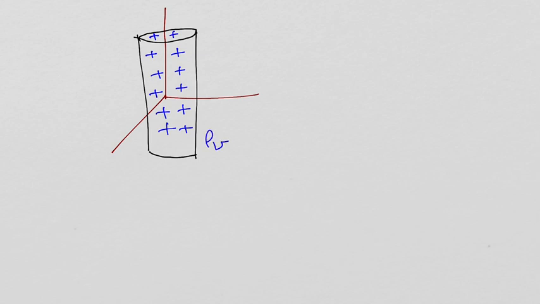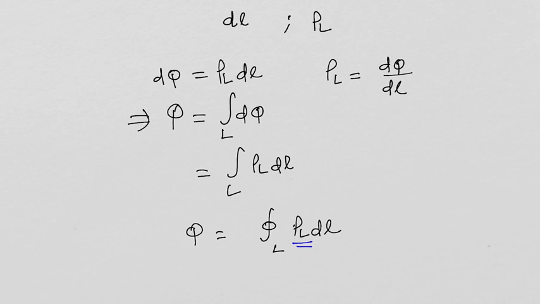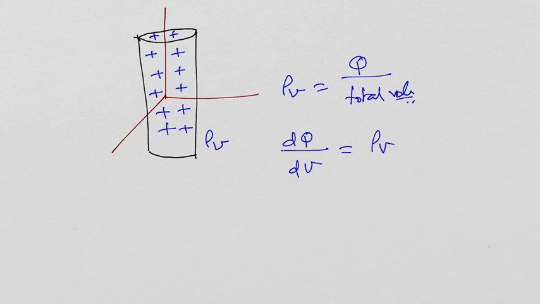Rho V is defined like rho L and rho S in the previous cases: line charge, surface charge and volume charge. You can take it as the total charge present in a volume in coulombs divided by the total volume. Considering the charge dq present in a small volume dv, the volume charge density is rho V, whose units are coulomb per meter cube.